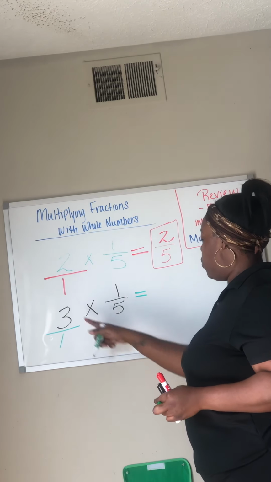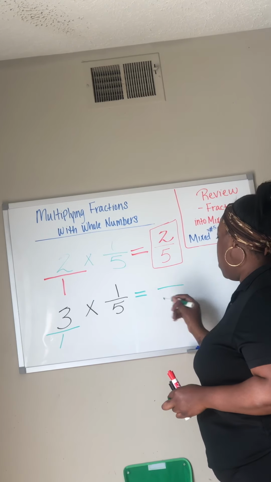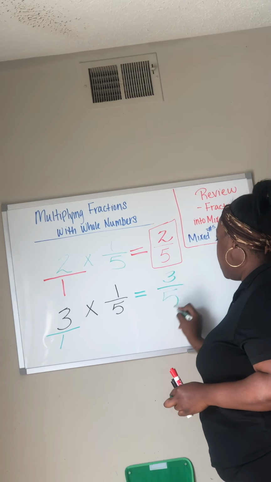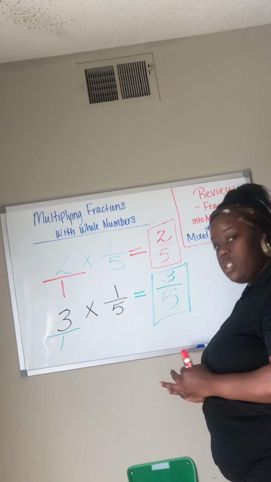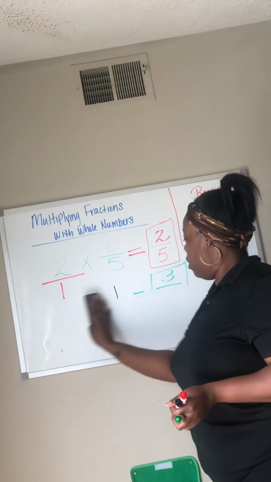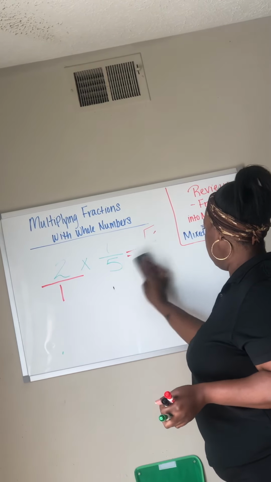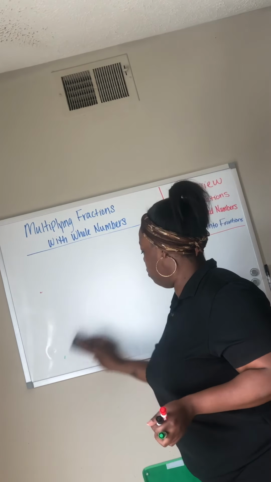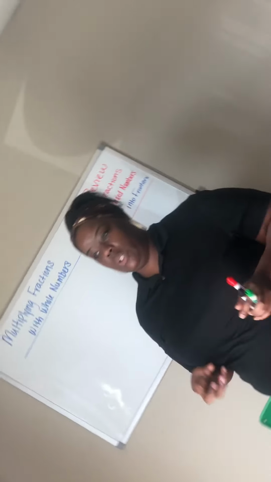Once we turn that whole number into a fraction, we're going to multiply straight across. 3 times 1 is 3. 1 times 5 is 5. And again, easy peasy, simple. I'm going to do 2 more simple multiplications, and then we're going to move into something a little harder.